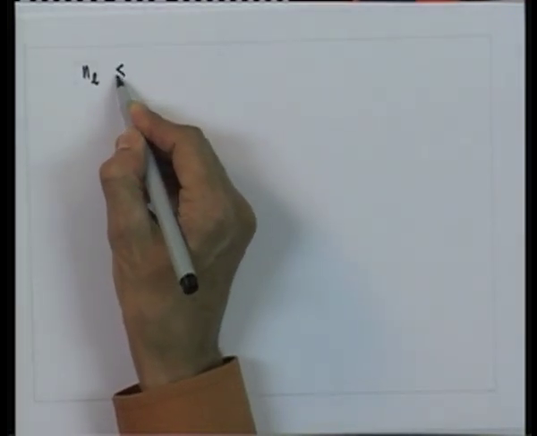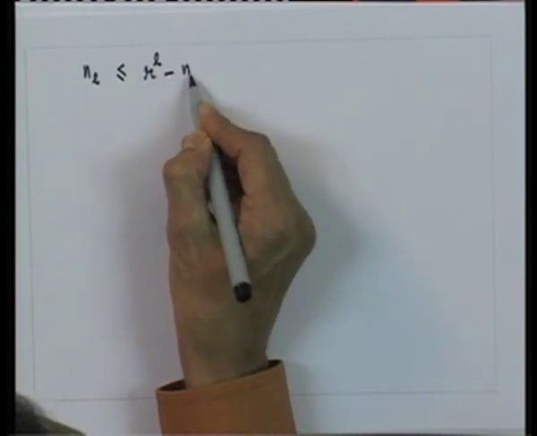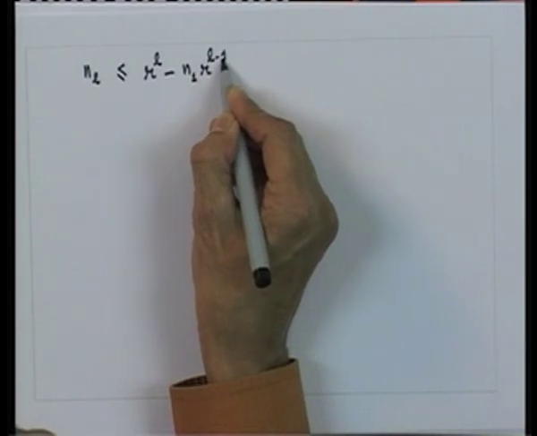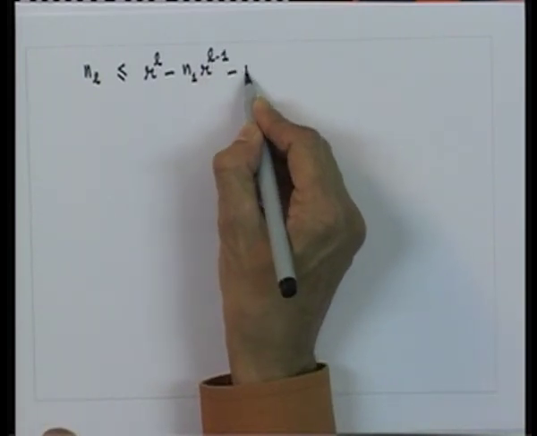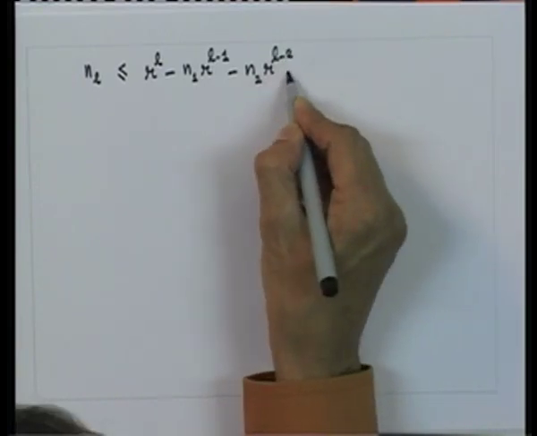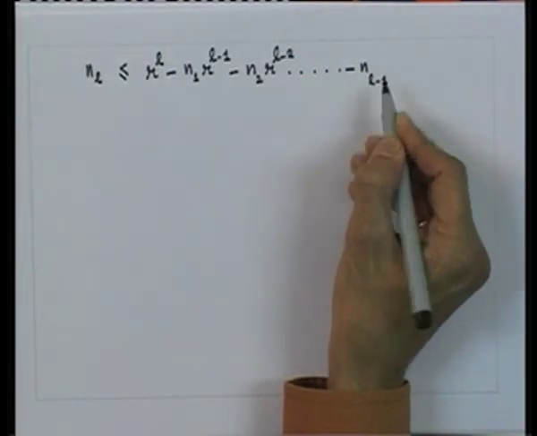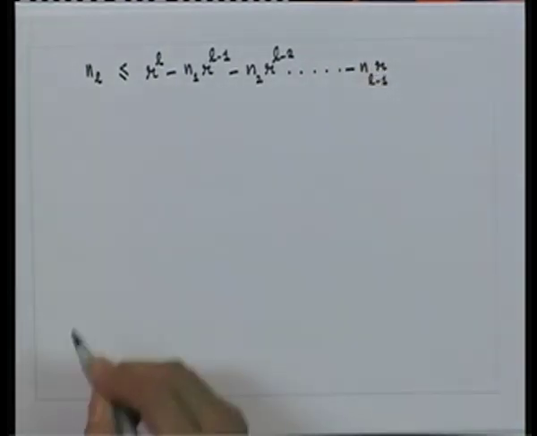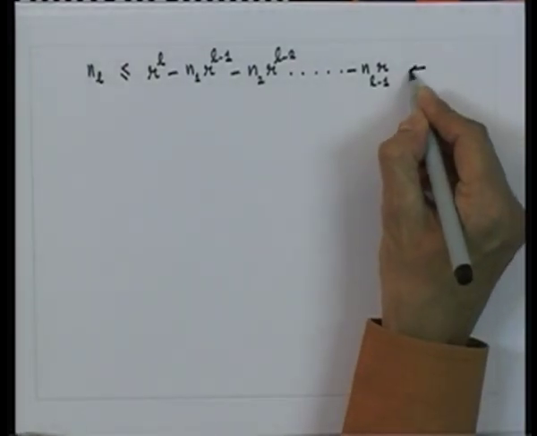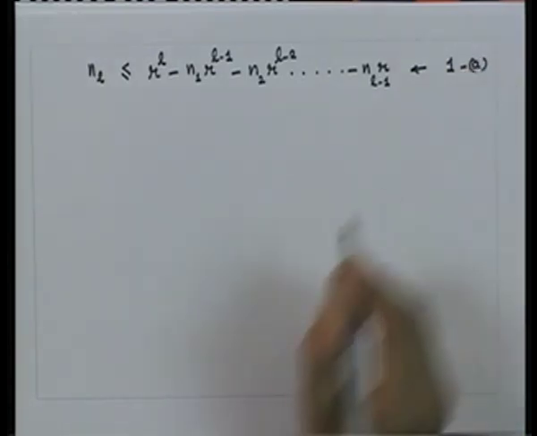NL is less than or equal to R^L minus N1 R^(L-1) minus N2 R^(L-2) minus NL-1 R. So, let me say that this is equation number 1a.